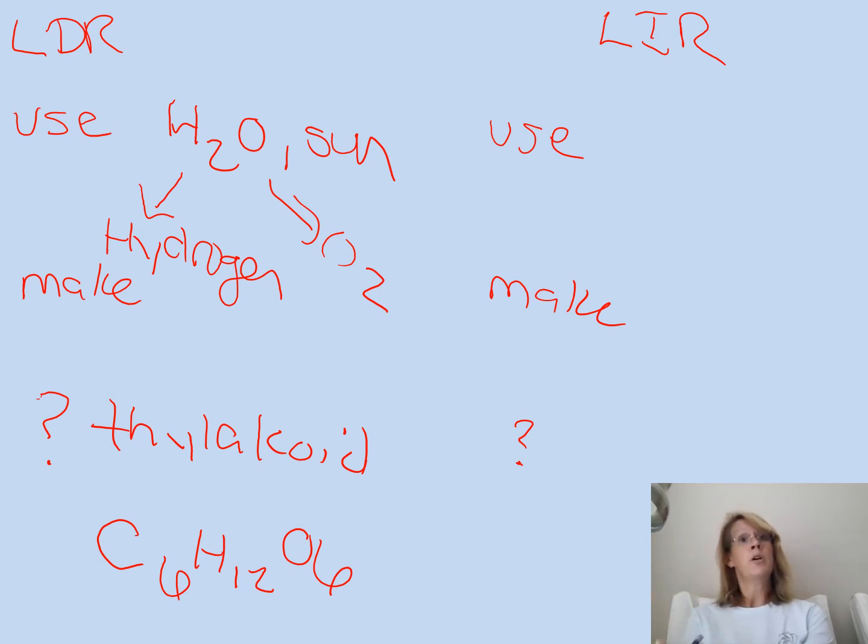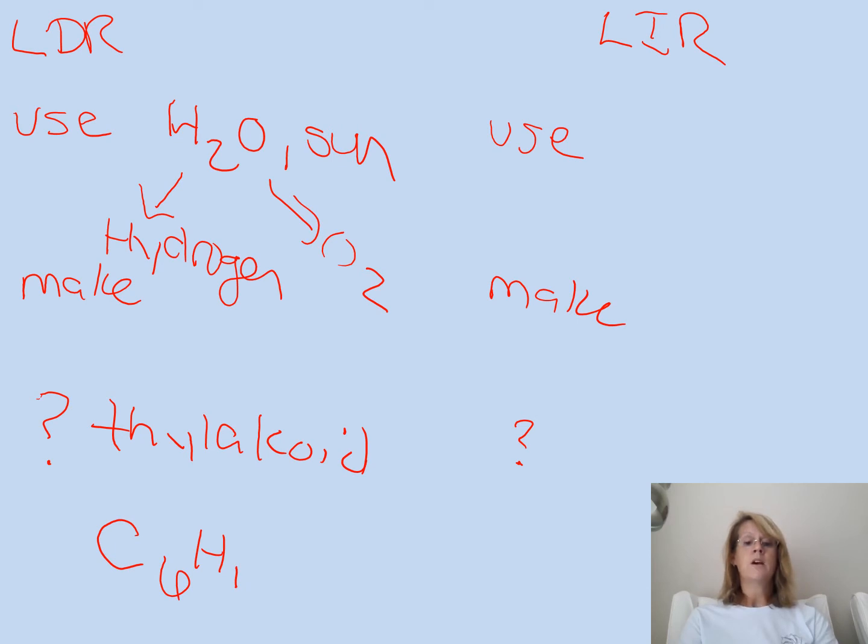I've got to take them apart and use those pieces to rebuild. So I've got to take water apart in order to get my Legos that I need to turn around and build something else. Well, the whole purpose of the light-dependent reactions is to heat that water up. And when that water gets heated up, it falls apart. And it makes hydrogen, and it makes oxygen.